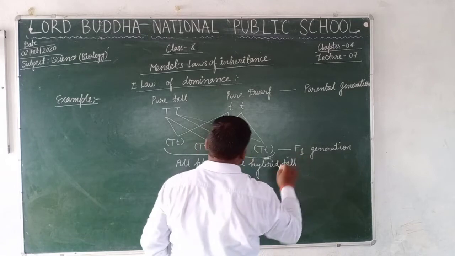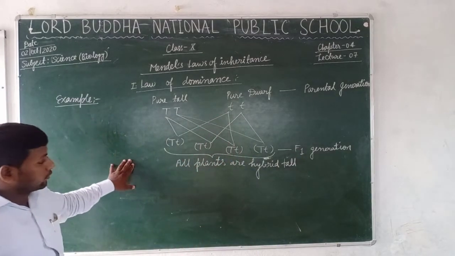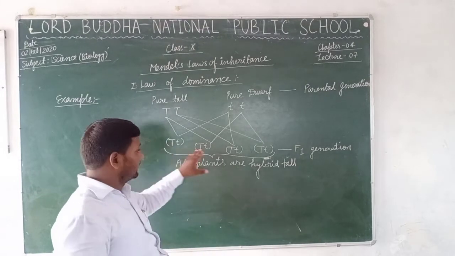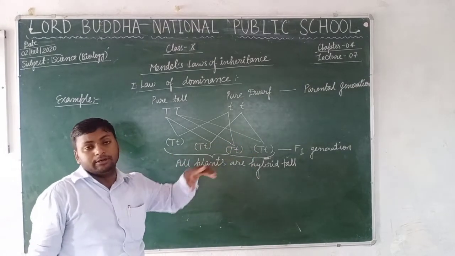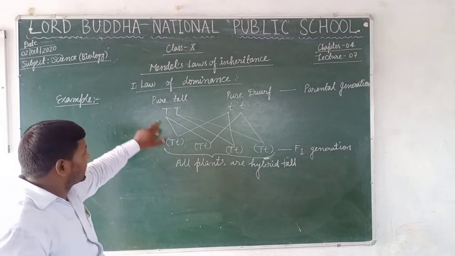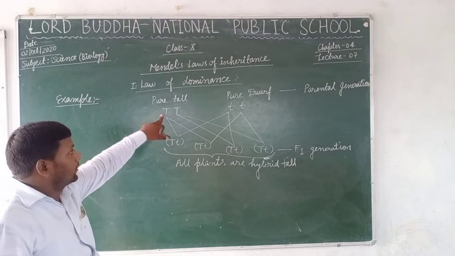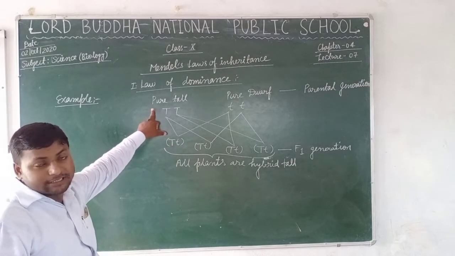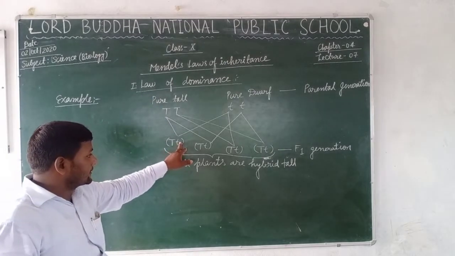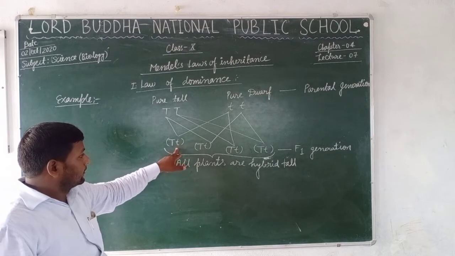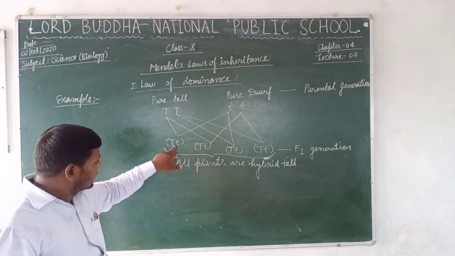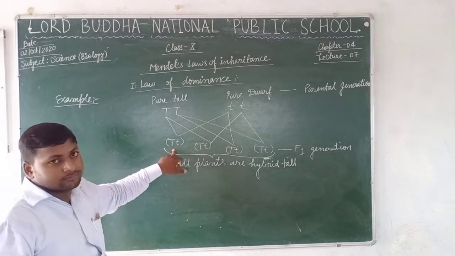Yes, students, phenotypically they are tall, but genotypically they are hybrid tall, because capital T, the pure tall, is the dominant character. It overlaps the recessive allele that comes in the pair of this individual plant.